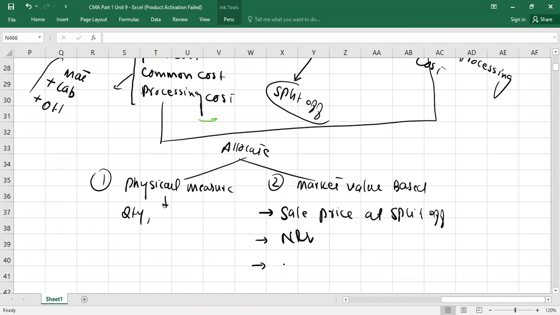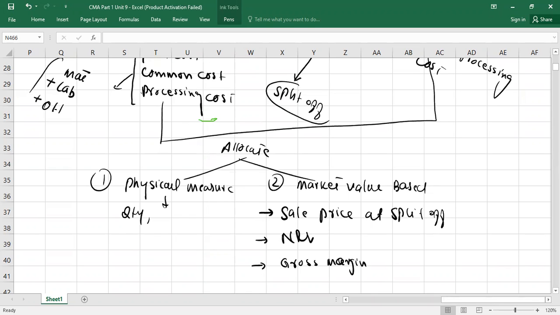And third, we have the gross profit or gross margin method. So these are three methods. I'll explain, don't worry. We are going to discuss these four methods in total.